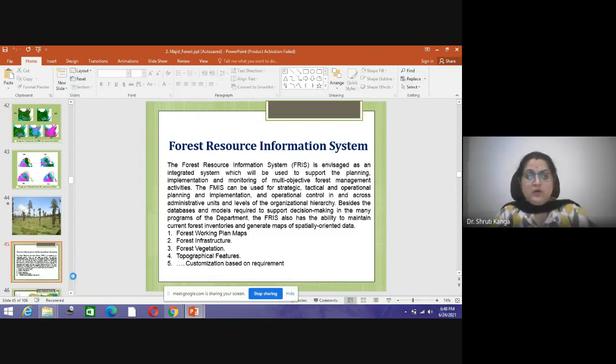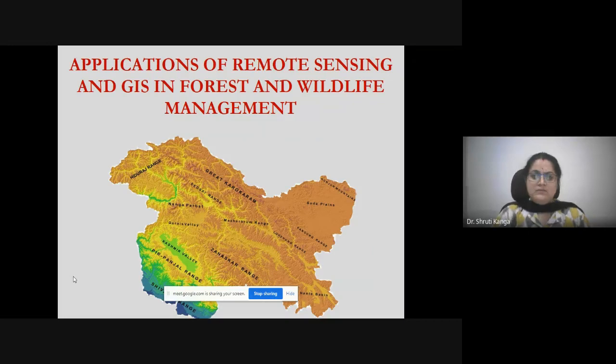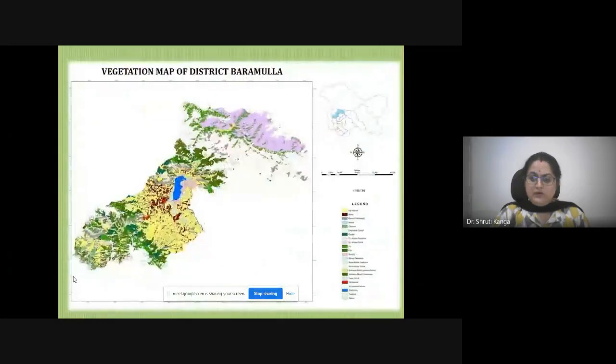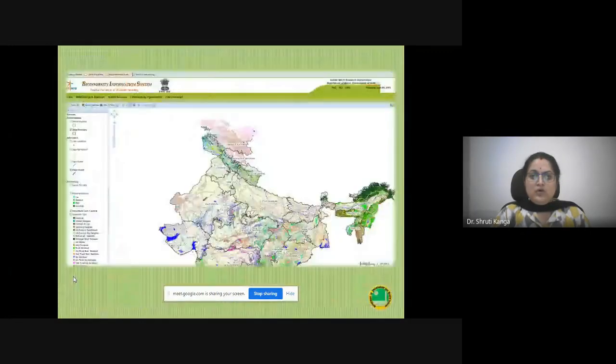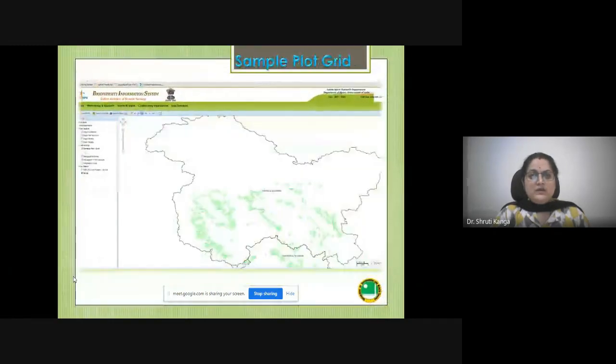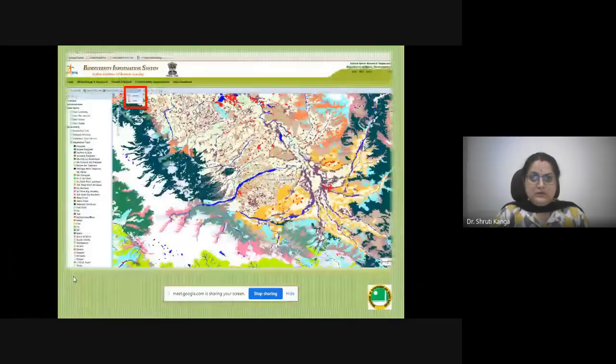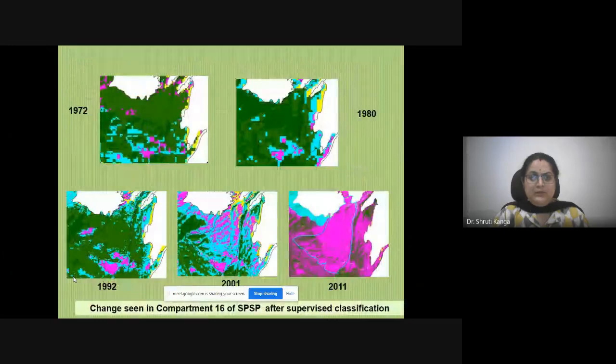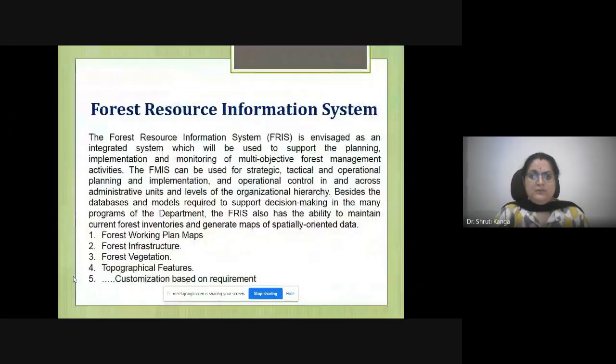So when we are talking about the forest resource information system, it is a system where we are trying to incorporate different data sets which are related to the various parameters of forest layers, like the different kinds of forest layers which are helpful in different planning, implementation and monitoring of different forest objectives.